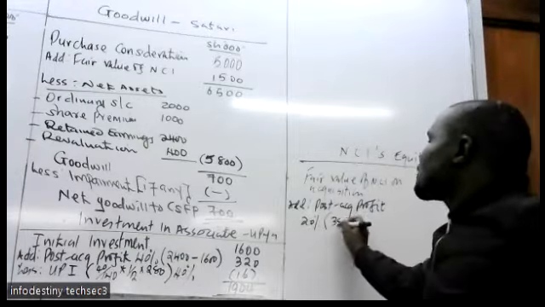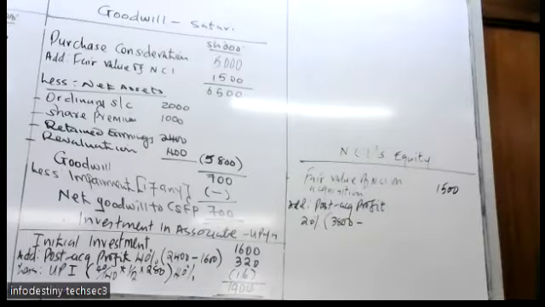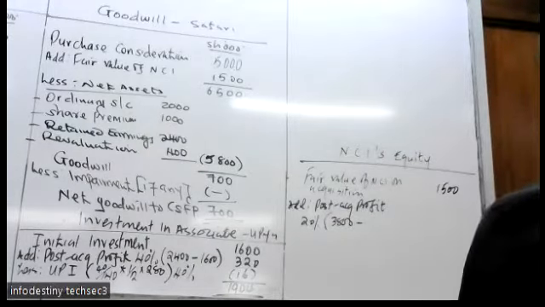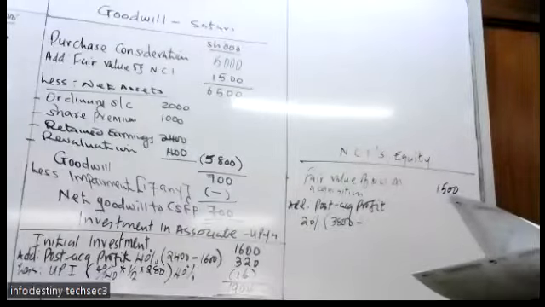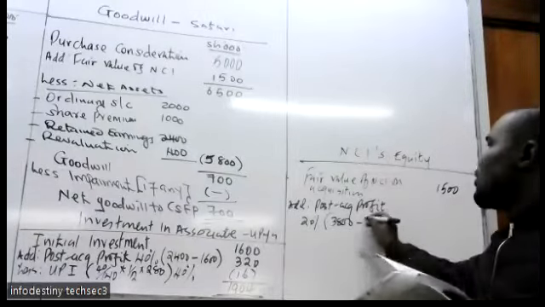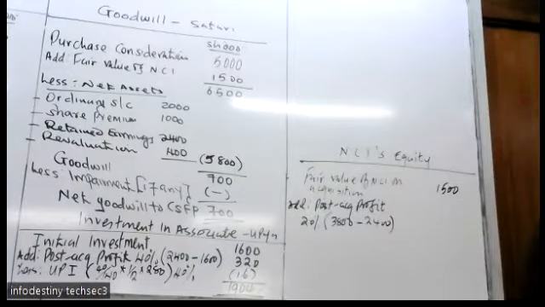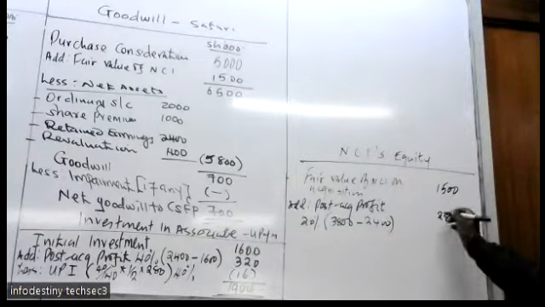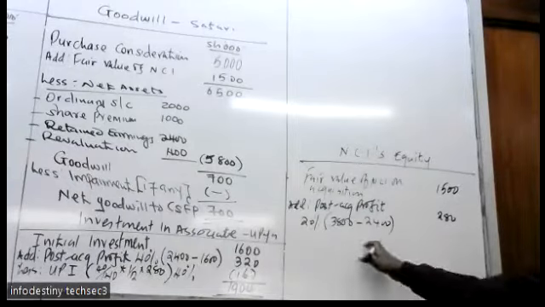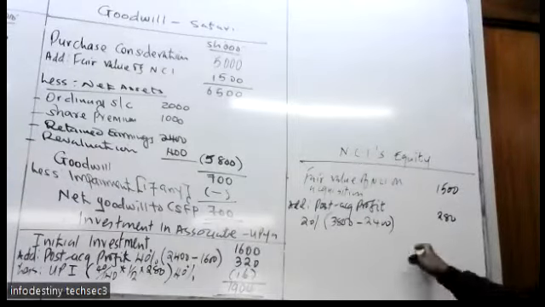38, minus when we acquired in note 1. Check when we acquired, what was the revenue reserve? 24. Give us the difference. 280. So this is 280. There was no UPI to subtract. There is no impairment, there is no depreciation. So there is nothing.